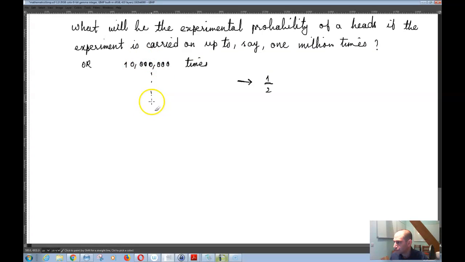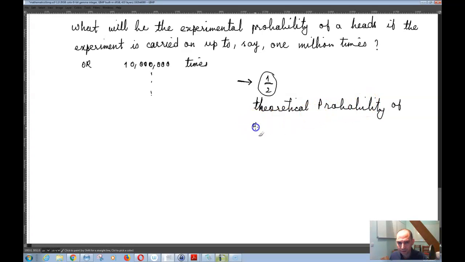And that 1/2, you call it the theoretical probability of getting a head, or for example, heads or tails.